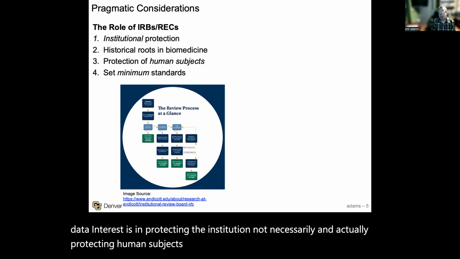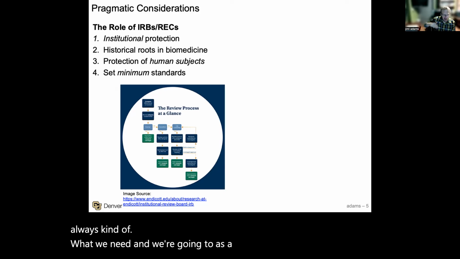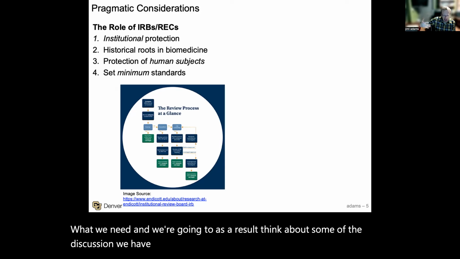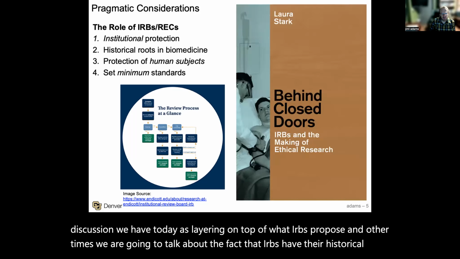And so the standards that are set by IRBs aren't always all we need. We're going to, as a result, think about some of the discussion we have today as layering on top of what IRBs propose. And other times we are going to talk about the fact that IRBs have their historical roots in biomedicine.